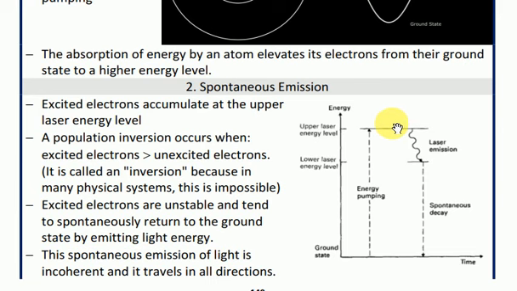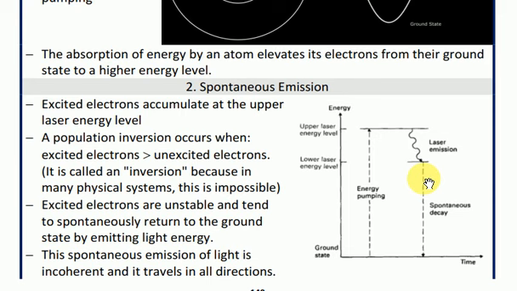Now atoms in this excited state are unstable and their electrons tend to spontaneously return to the ground state. When they return to the ground state, they emit light energy. This spontaneous emission of light is incoherent and travels in all directions.